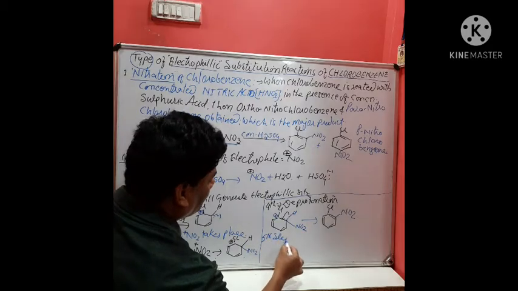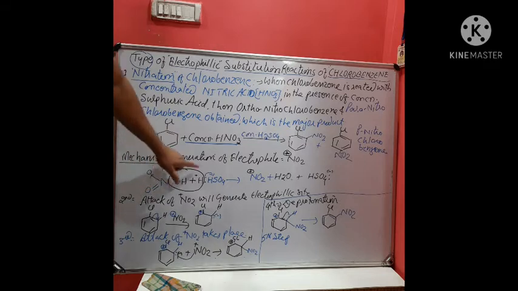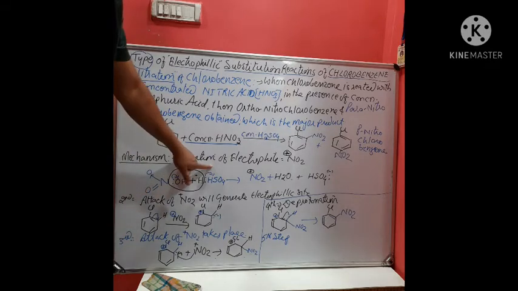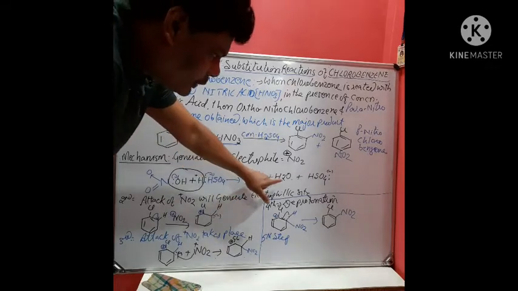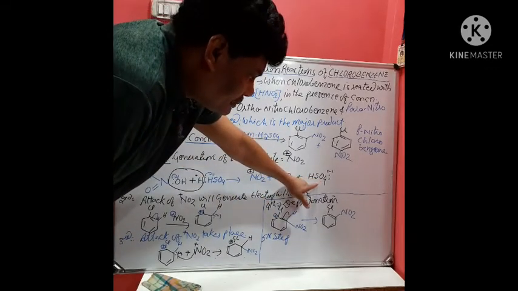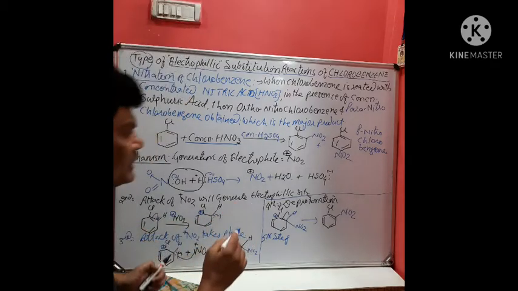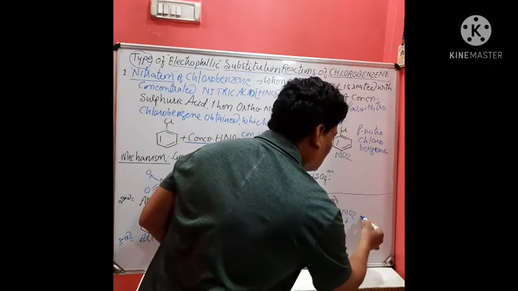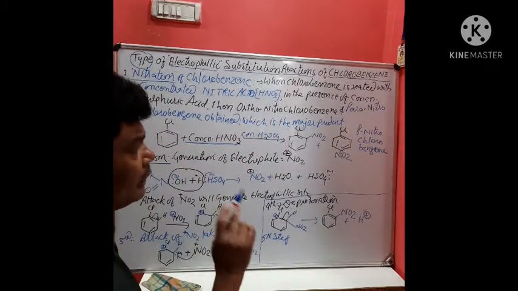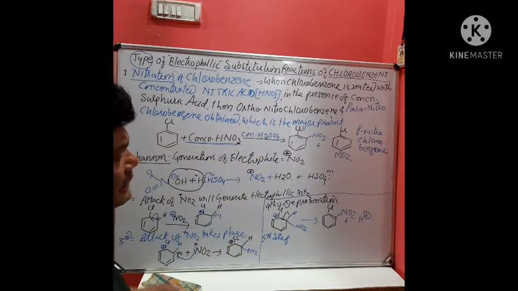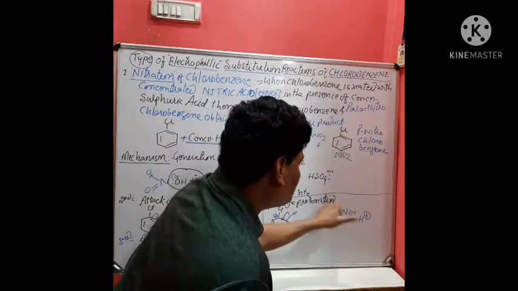Fifth step. Now look at the mechanism. Earlier the two reactants, reactant and catalyst, develop, that is, generate the electrophile, water, and one more unstable species, HSO4 anion. In the fourth step you can see the formation of hydrogen cation, that is proton. So now in the overall reaction mechanism, two unstable species are there.